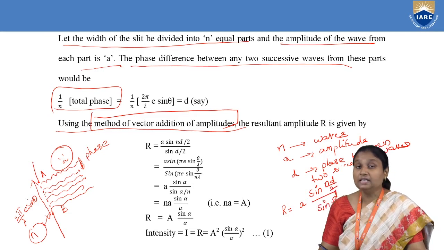This is the resultant amplitude of the wave because of n number of waves having amplitude A.